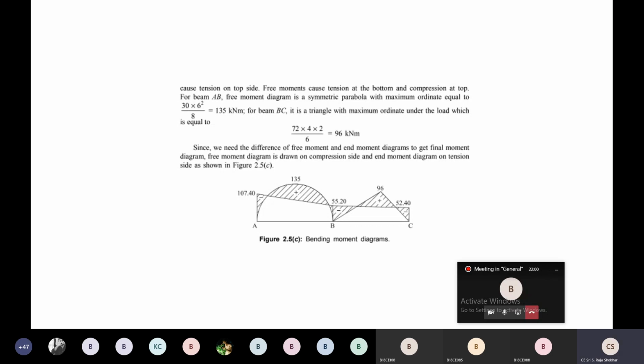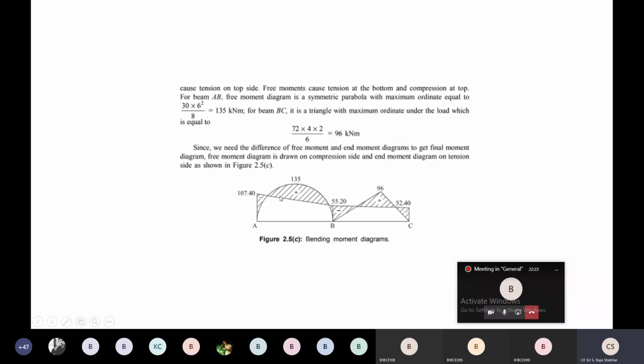So we have to draw this diagram. Intensity 96 kilonewton meter. After that, what you have to do is hatch the remaining portion. Here we have the fixed end moment diagram, the final end moment diagram, and this is the sagging bending moment diagram, or bending moment diagram due to loading.